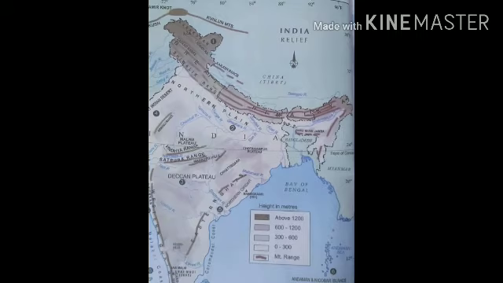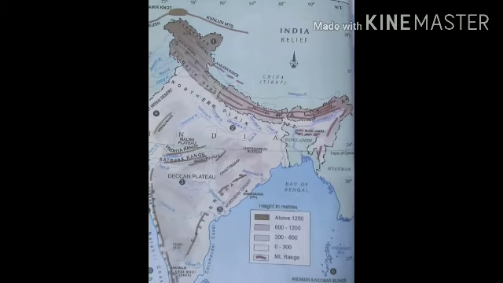The Himalaya represent one of the most rugged mountain barriers of the world. They form an arc-like structure which covers a distance of about 2,400 km.